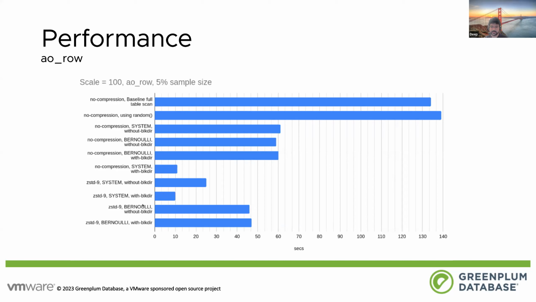Bernoulli is very bad in terms of the access pattern, because we are randomly reaching out into blocks. We are doing many random lookups inside the AO table. And that is causing a lot of low return decompressions, because you're probably just saying, okay, give me a random tuple in a random block.